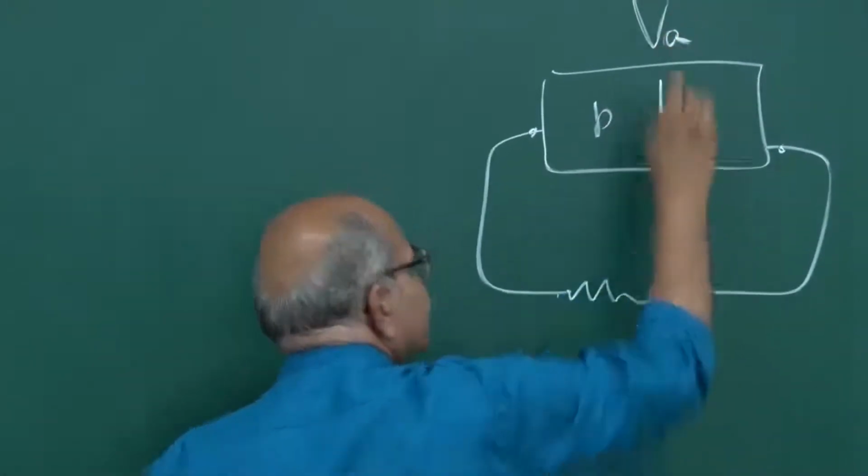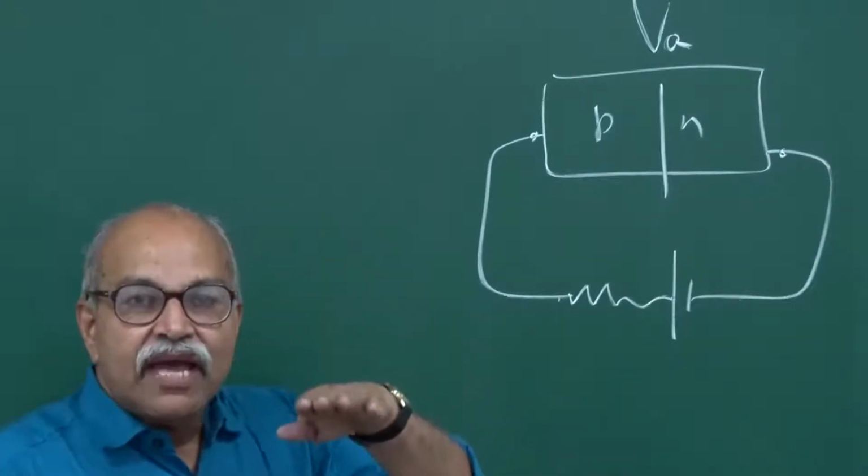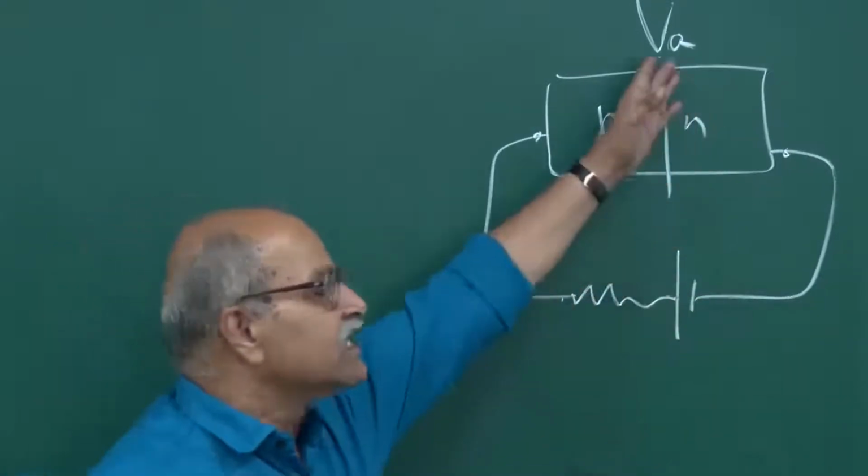and this applied voltage is VA, that potential barrier is reduced by this VA.